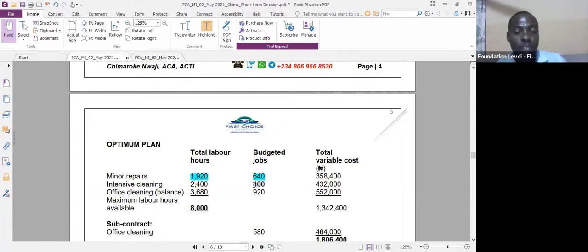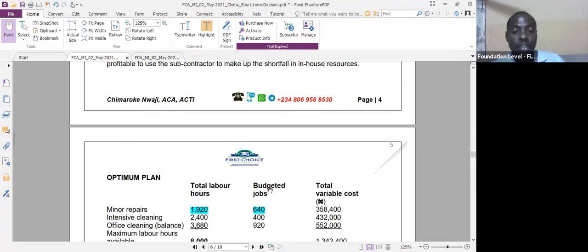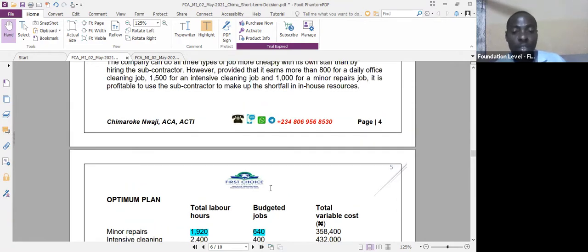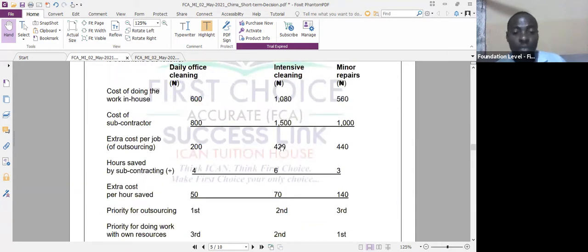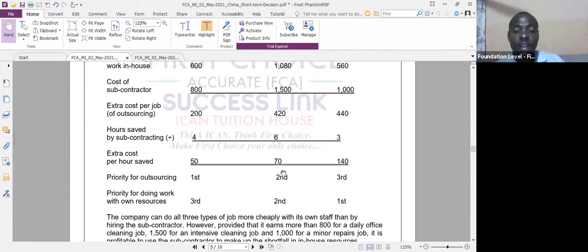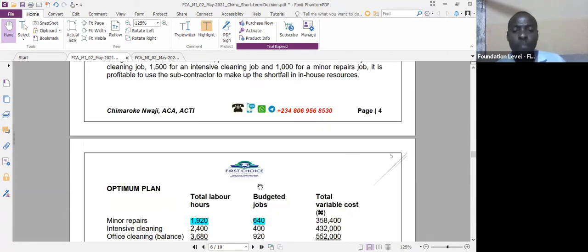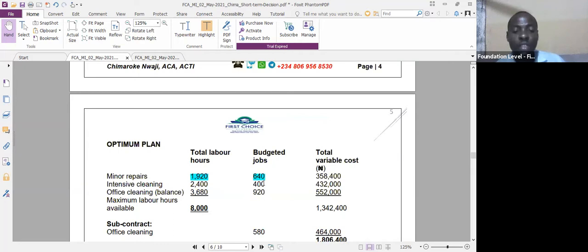You look at the budgeted jobs is 400, and the total hours is going to be number 2 budgeted intensive planning is going to be 6 naira per unit. So 6 naira multiplied by 400 is going to give you 2,400. So that's what this is.